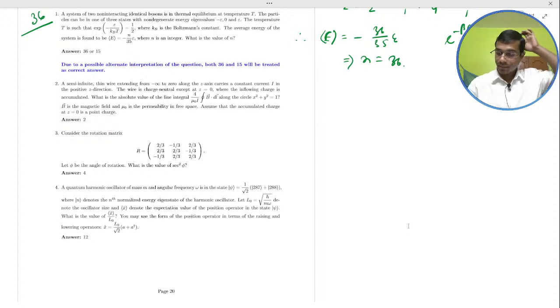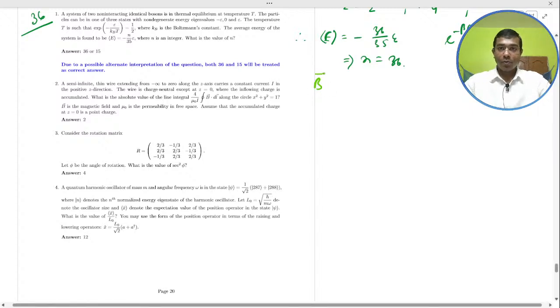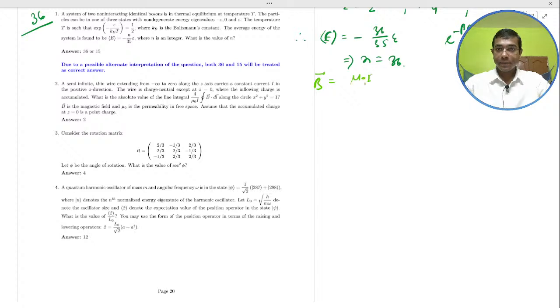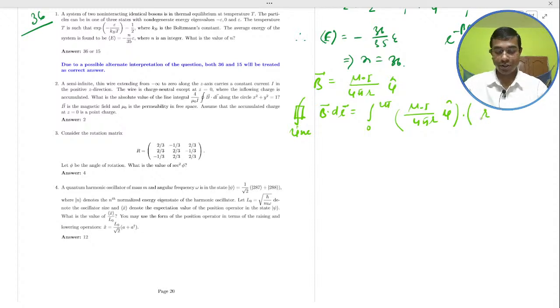Simple. The magnetic field is defined here: B equal to mu naught I divided by 4 pi r, in the phi cap direction. Simple, the integral over the line of B dot dl is equal to integral from 0 to twice pi of mu naught I by 4 pi r phi cap into the line element r d phi phi cap.